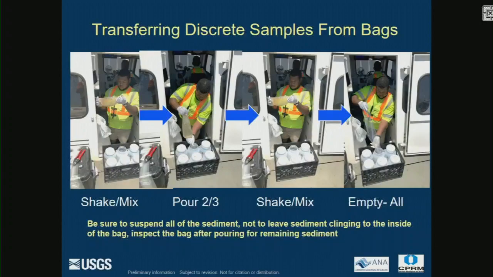Then he picks it back up, holding it by the edges, by the seam that is not next to the bag. It's hard to describe. Shakes it again, and this could go on again till he feels like he's getting all of that material out. And then he vigorously dumps that in there. And after this is over, then we visually inspect the bag to make sure there's no traces.